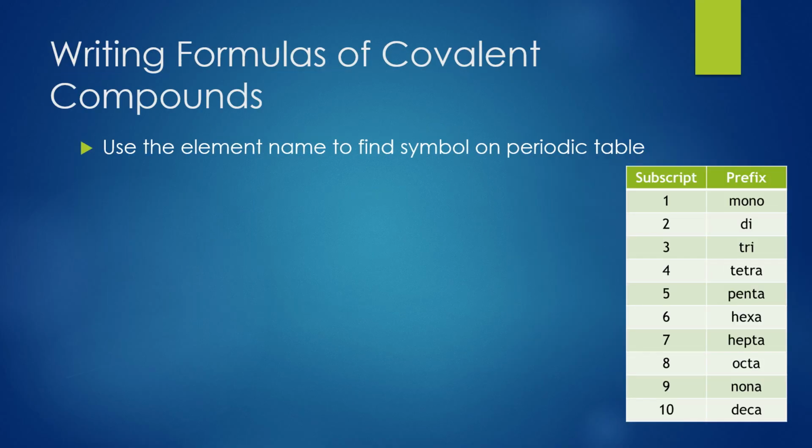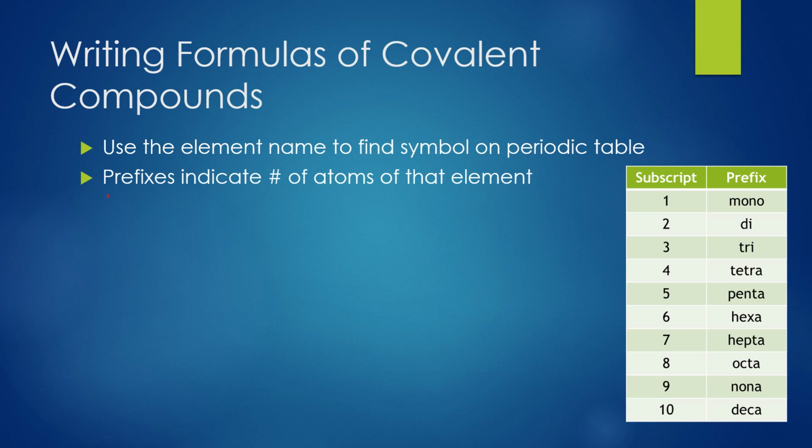Now let's look at how we write formulas of covalent compounds. If you're given the name, how do you change that into a formula? First off, we use the element names themselves, go to the periodic table, and figure out what their symbols are, because that's how we represent chemical formulas, using the symbols and using subscripts. How do we know what the subscripts are going to be? Because of the prefix.